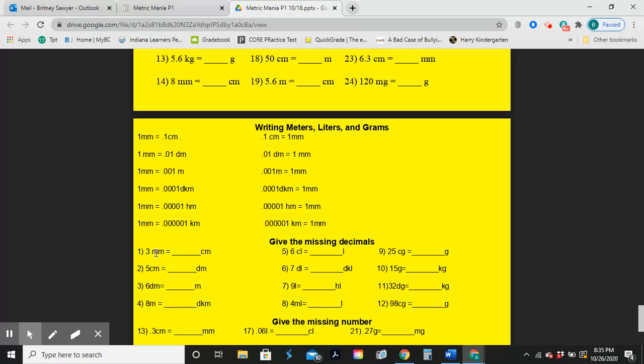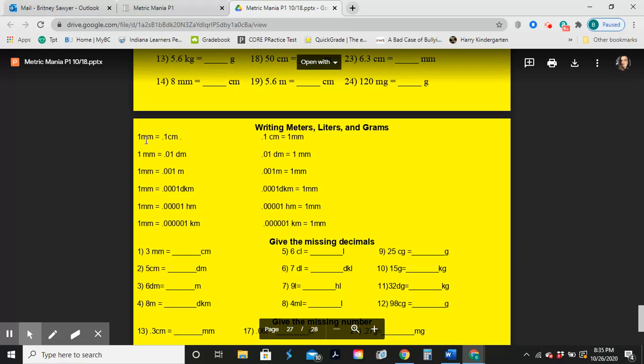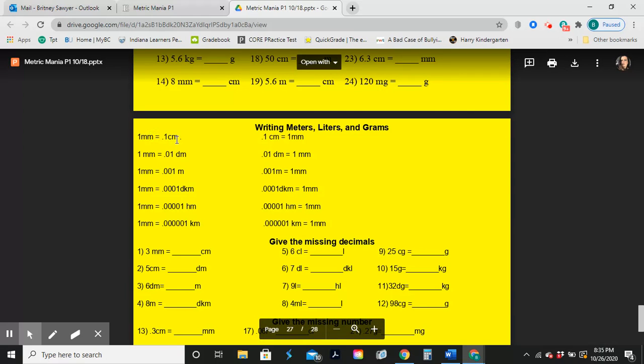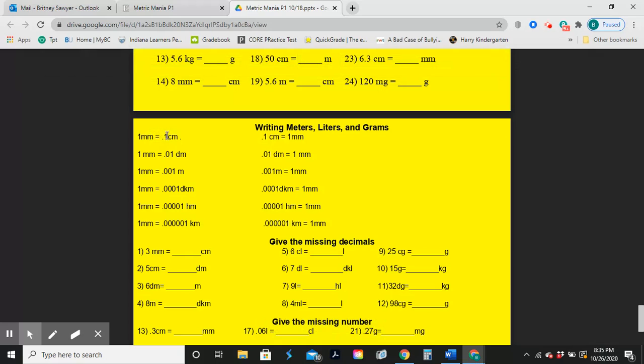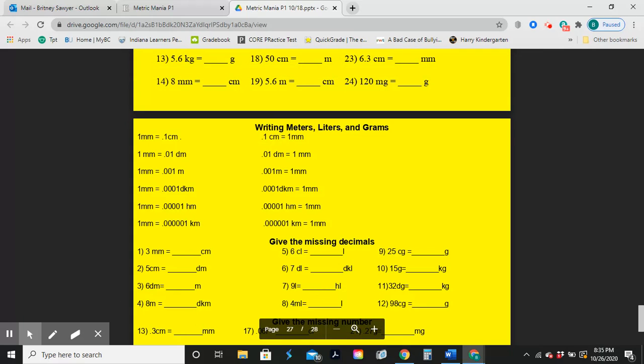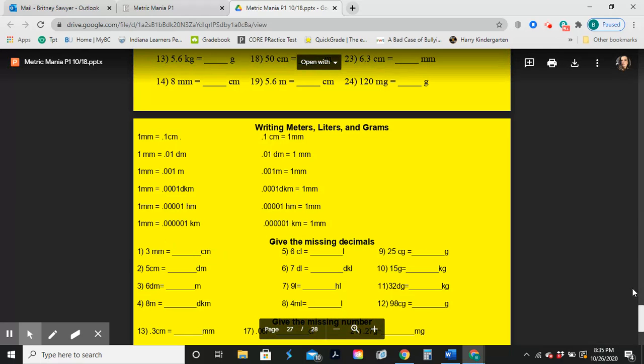So you have millimeters to centimeters. If you have millimeters to centimeters, this is what you're going to look at. So 1 millimeter to 1 centimeter, you have .1 cm. You'll write your expression the correct way. So if this was 3 millimeters, it would be .blank centimeters.